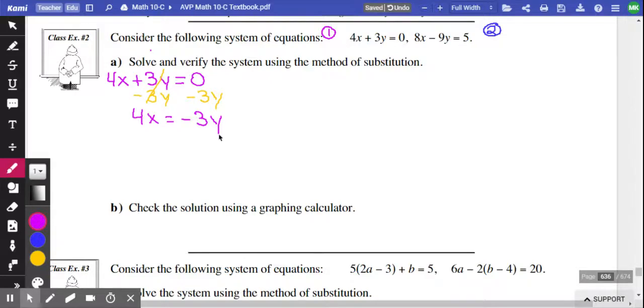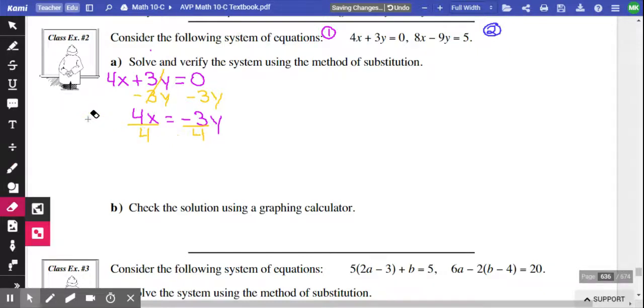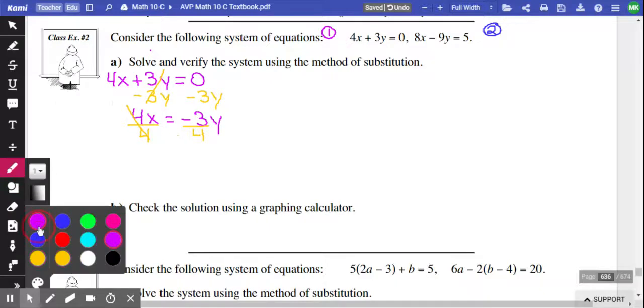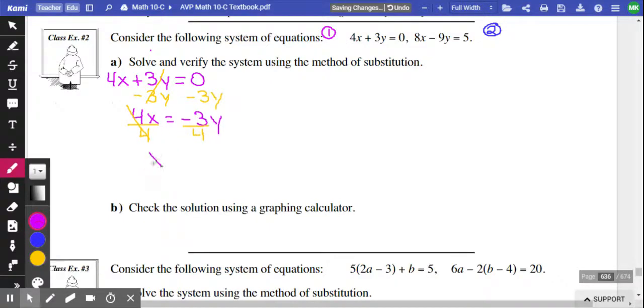I then have to get rid of that 4. I get rid of that 4 by dividing by 4. It'll cancel it on that side, and I'm now left with x equals negative 3 over 4.